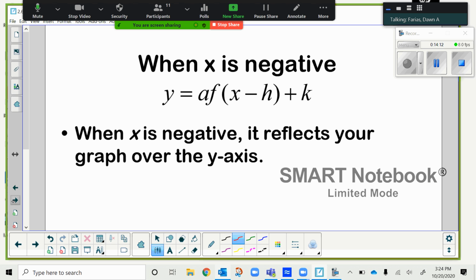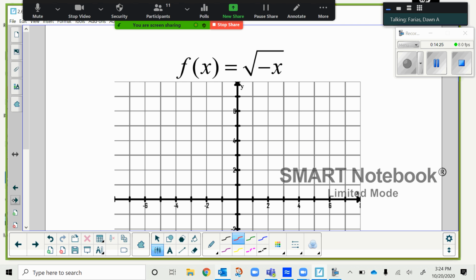So this one says when x is negative, so there's a negative right in front of your x, it's going to reflect over the y-axis because you're taking the opposite of whatever x was. So in this example, the parent function is square root. So that looks like this: 0, 0, 1, 1, 4, 2.